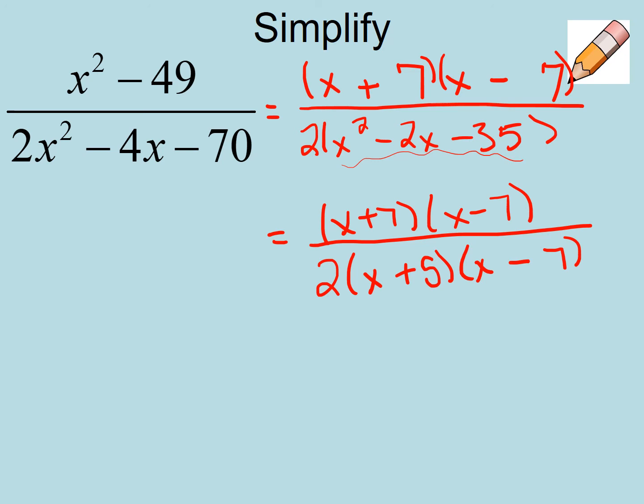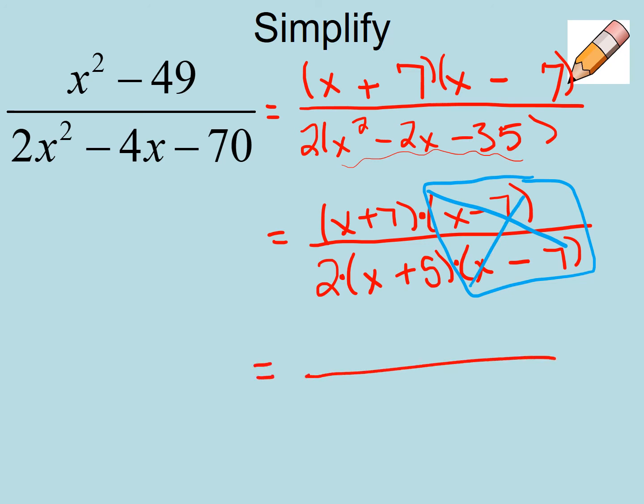So I have two things getting multiplied in the top, those two sets of parentheses. I have three things getting multiplied in the bottom, and I have a common factor of x minus 7. So I can divide that out or cancel it out, and what I'm left with is my simplified or reduced answer: x plus 7 over 2 times x plus 5.